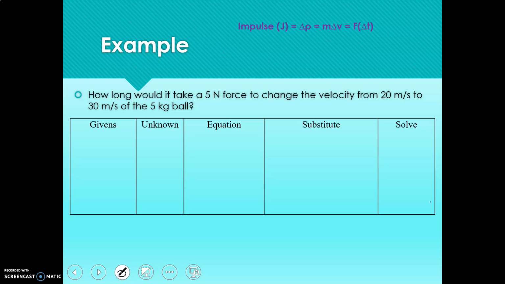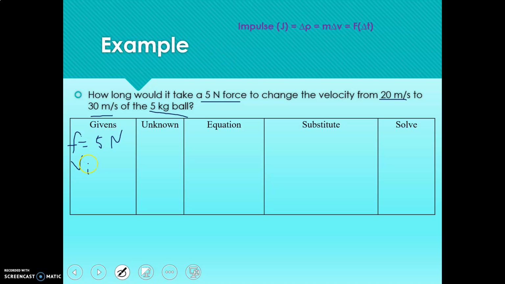Alright, last one. How long would it take a 5 Newton force, so 5 newtons of force is being applied, to change the velocity from 20 to 30 meters per second of the 5 kilogram ball? So we're given more information for this one. We're given that the force is 5 newtons.